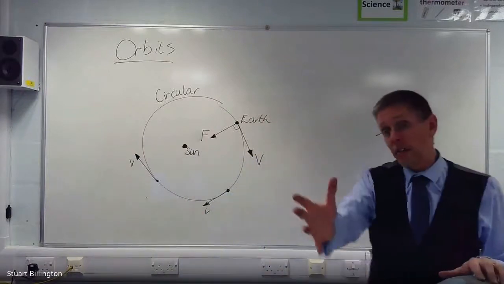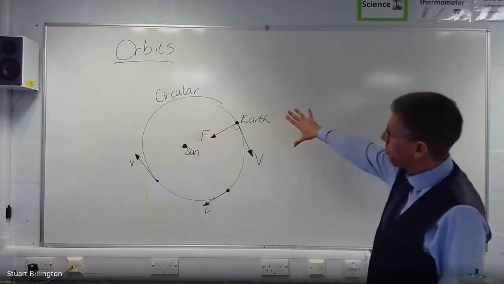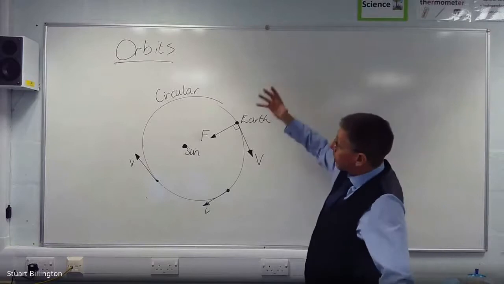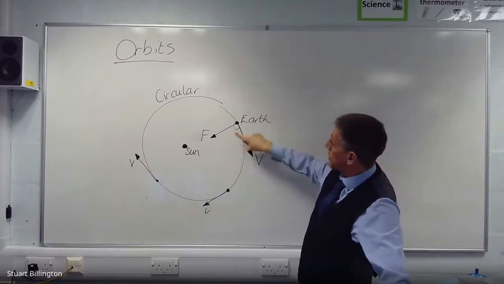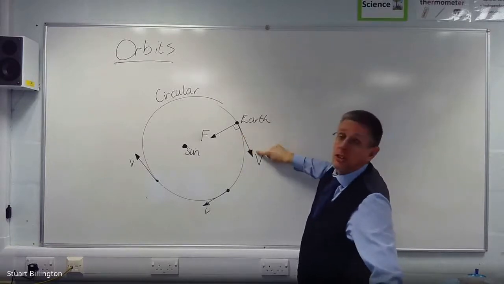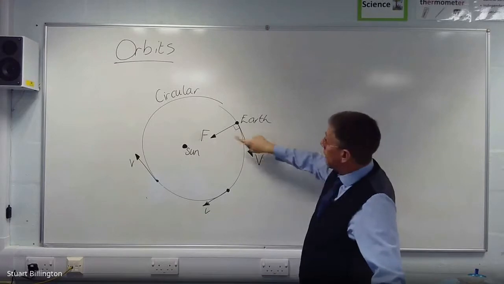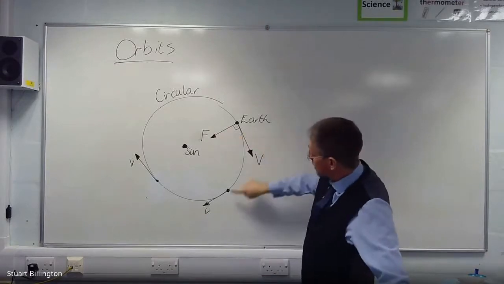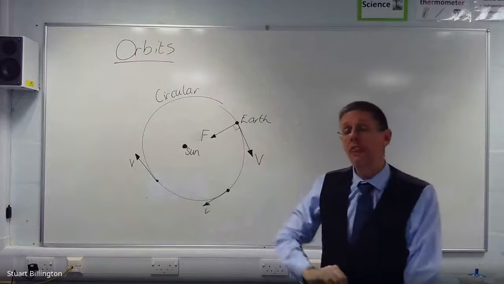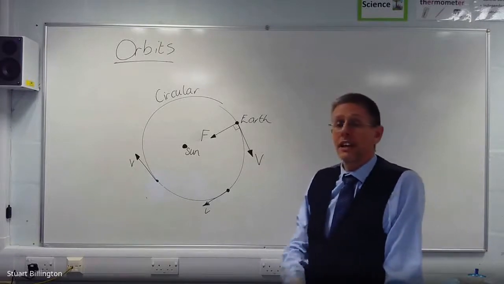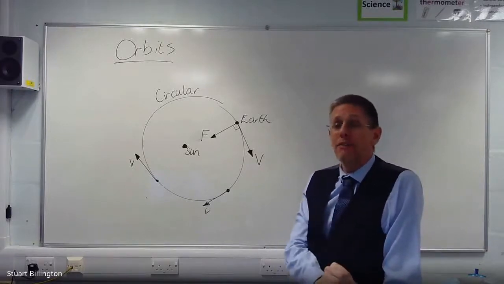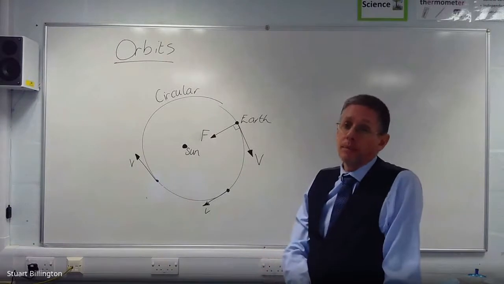So in terms of making notes from this board, what do I want you to take from this? I want you to know that the force due to gravity is at right angles to the velocity. And that the force is necessary because the direction is changing and therefore it is accelerating. And therefore we do need an F for F equals ma.